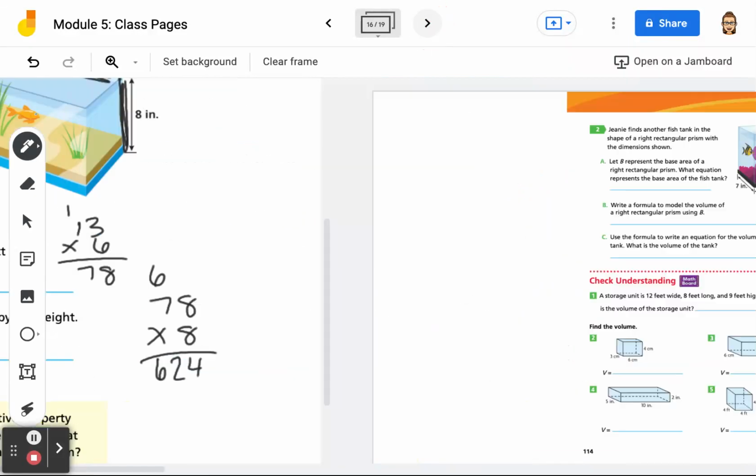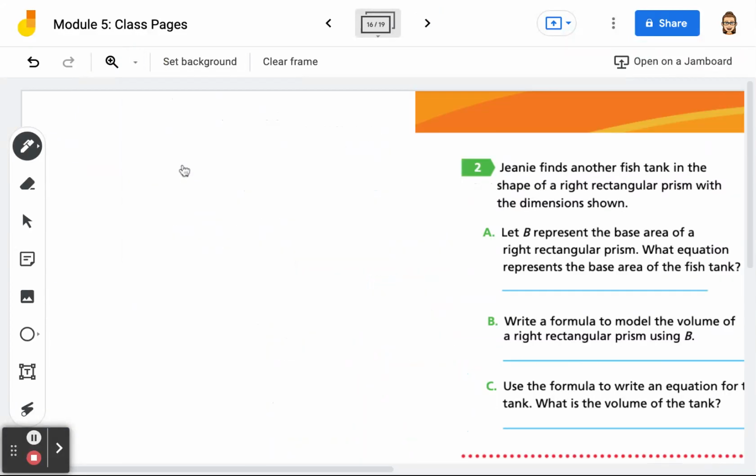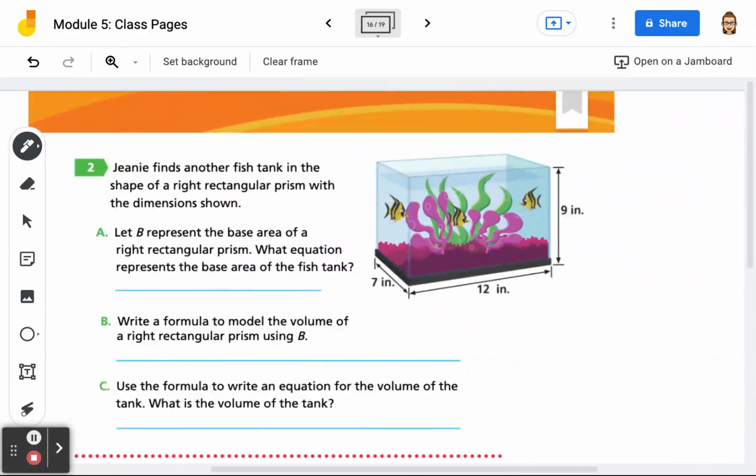Then we move on to the next page. It says Jeannie finds another fish tank in the shape of a right rectangular prism with the dimensions shown. Let B represent the base area of a right rectangular prism. What represents the base area of the fish tank?